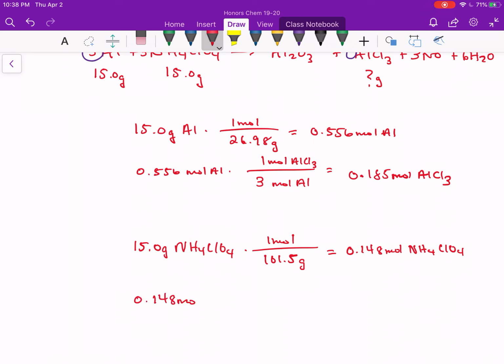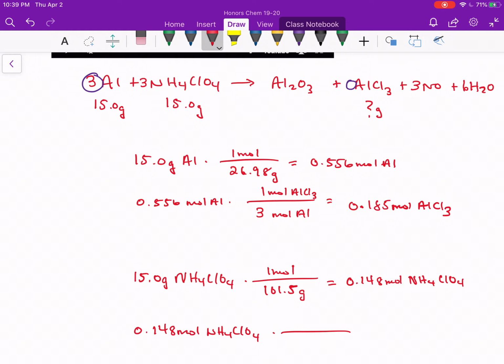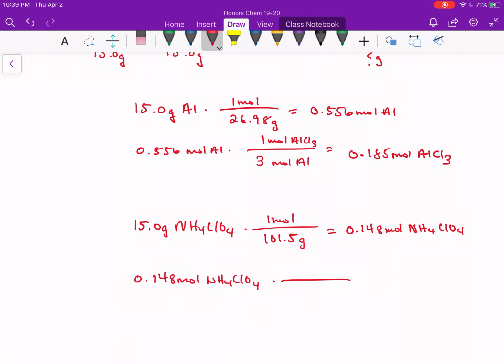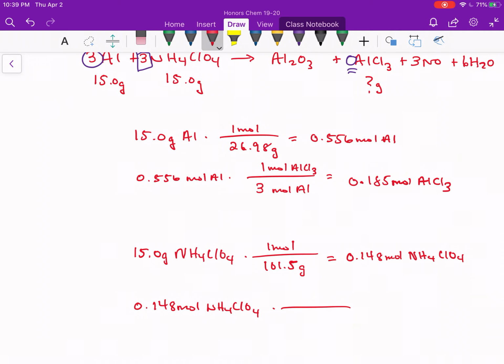Now, so then my 0.148 moles, and I look up in my balanced equation again, it's the same mole ratio here, so I still have 1 there, but now I also have 3 there, so it's the same mole ratio. Just by happenstance, it's not always the case, but it is in this problem.